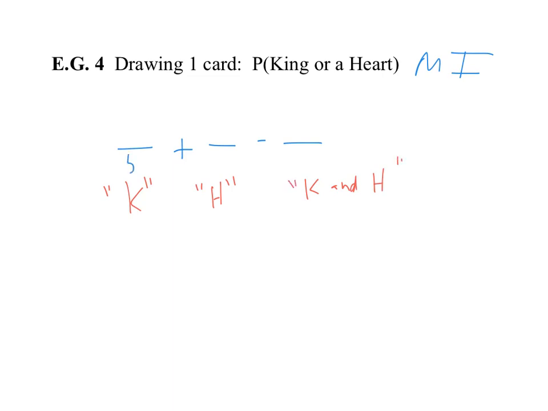So we have a total of 52, 52, 52, 4 total kings, 13 hearts, and 1 king of hearts. The probability is 4 out of 13.